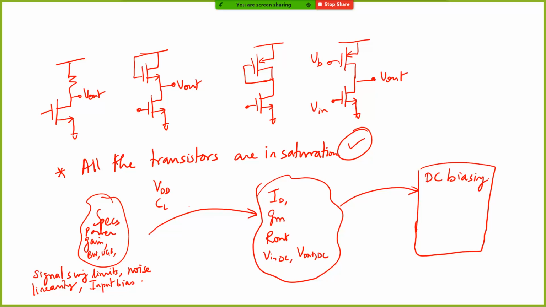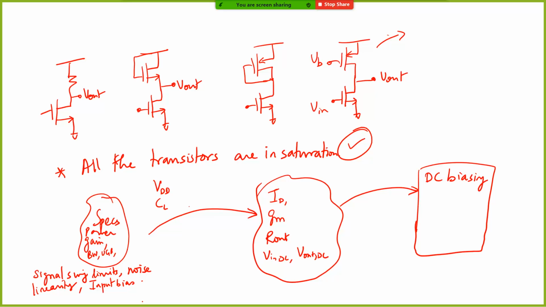Okay. So from your set of specifications, you derive the current. For example, let's say you're designing this common source amplifier. Okay. And I'm giving you, let's say, a power budget or input. You will not get all the budgets all the time. You will get some combination, right? Given a certain combination, you have to derive what is the drain current that I'm going to design for, what is the gm that my transistor is going to have, what is the Rout that I'm looking for.